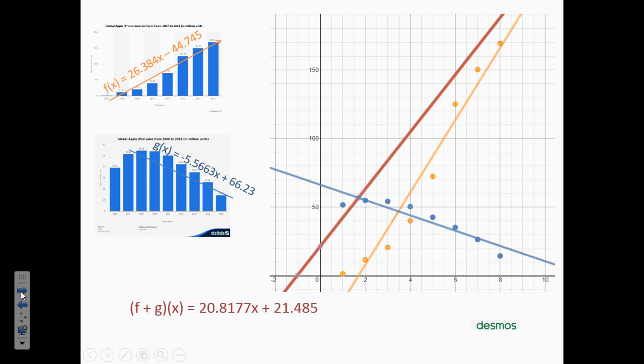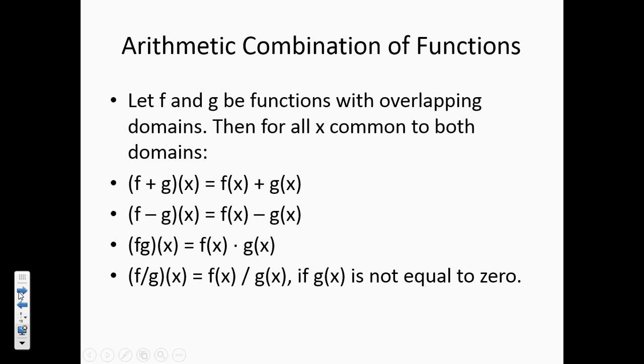Make sense? Okay, so the arithmetic combination of functions says that if we have two functions, f and g, and they have overlapping domains, their x values, they have x values in common, then for all common x values in both domains, this is going to be the notation.